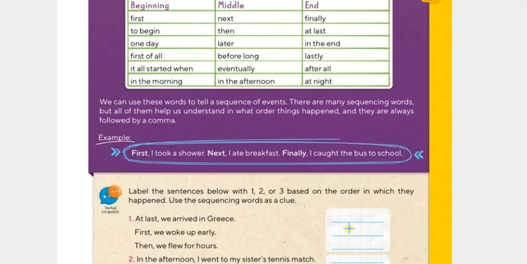Just let me put here, okay? This should be number 1, okay? Then we have, what is the next one? That means the middle of the story or the event should be then. We have here then, okay? Then we flew 4 hours, yes? So this should be number 2.